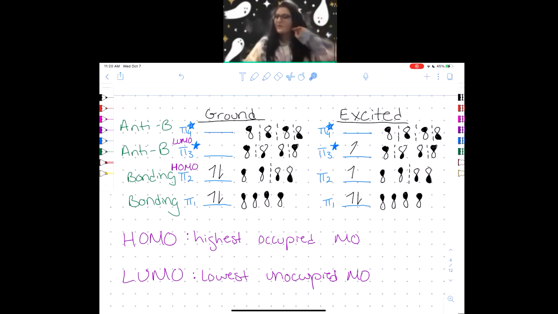Except when we go into the excited state, we are not going to change the namings. So this is a temporary state. The electron jumps up and then comes right back down. So we are not going to change the HOMO and LUMO. Pi 3 is still the LUMO, even though there's now an electron in it. And pi 2 is still the HOMO. Don't ask me why this is the convention. It just is.